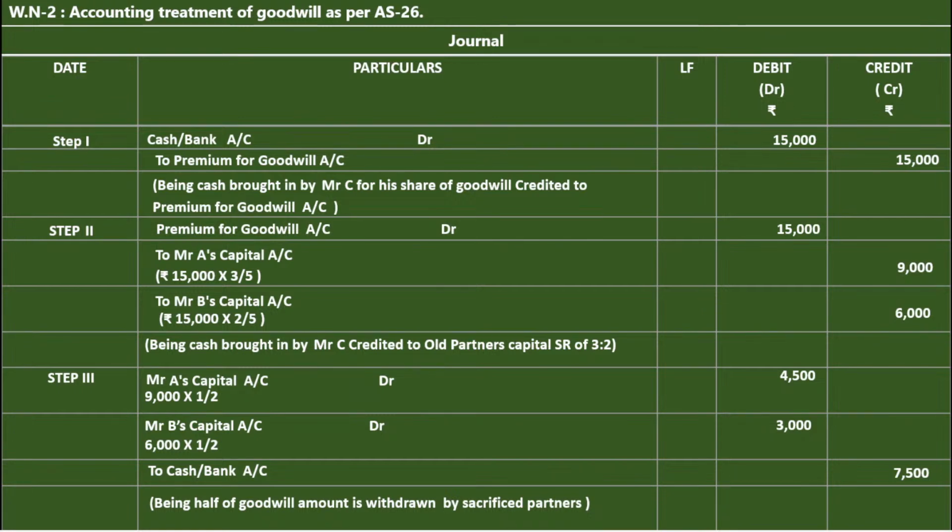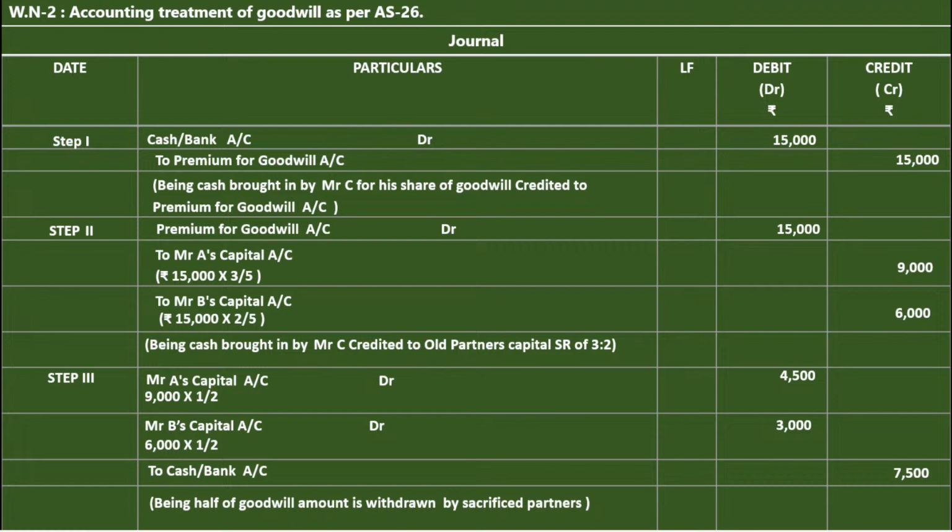Premium for goodwill account, you can consider this amount as income, as a revenue, or you can treat it as a capital amount relating to the amount owed by the old partners to the new partnership.